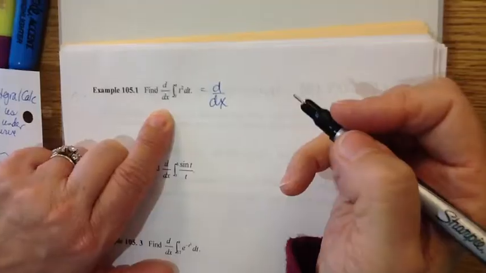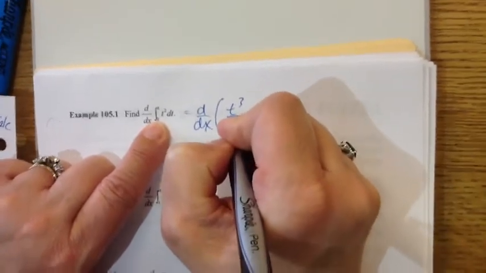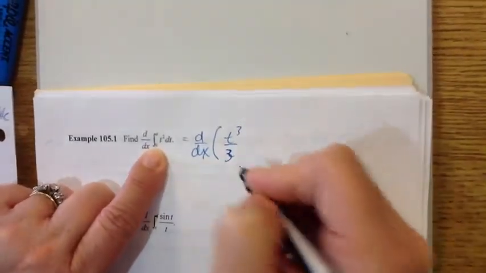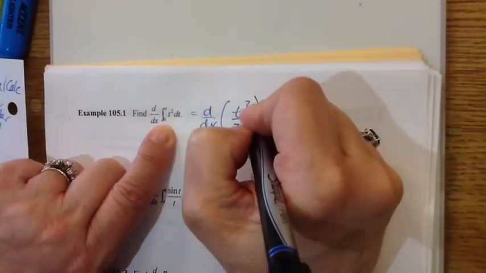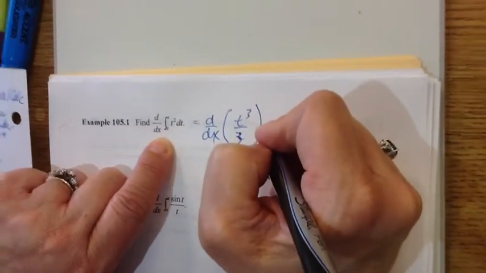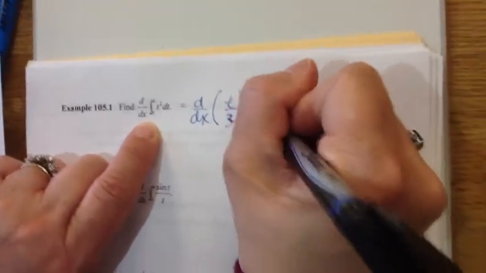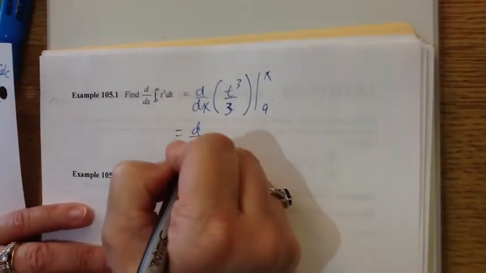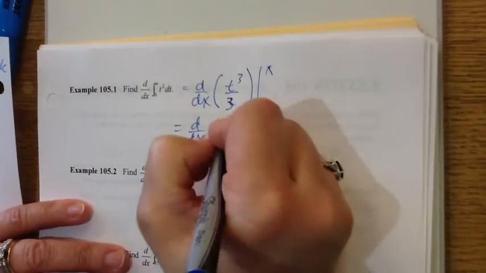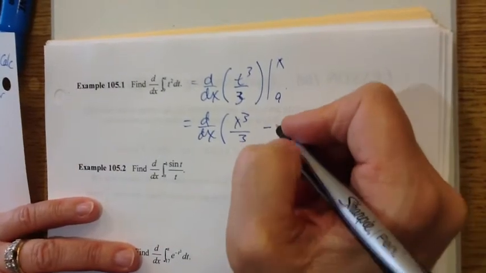The derivative of t cubed over 3. Going from what? Do you know what that number is? 9. So going from 9 to x, what's the derivative with respect to x of x cubed over 3 minus 9 cubed over 3?